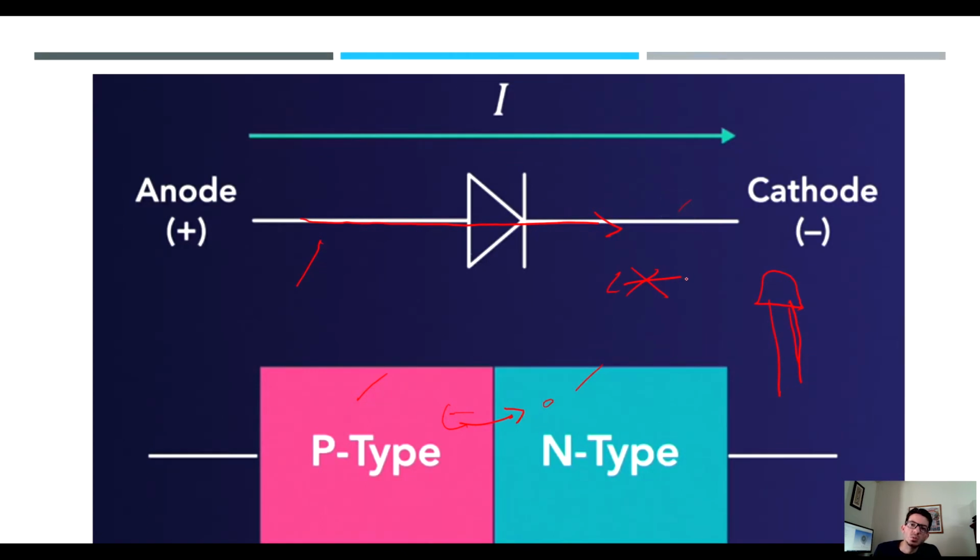Okay, so you have to install it in the way that you want your current flowing because the current will not flow the opposite way. That's why when you see the diode on a circuit, you will have this vertical line blocking the flow of electricity, because current can only flow in the direction of the triangle.